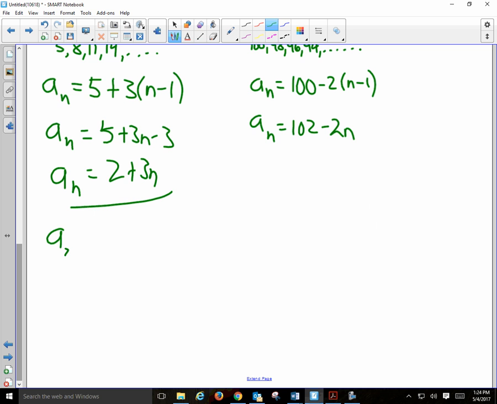If you plug in the 20th term here, you get 2 plus 60, which is 62. In this situation, A sub 20, you get 102 minus 40, and you get 62.